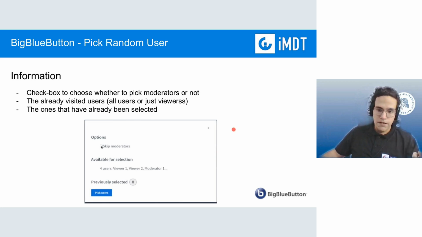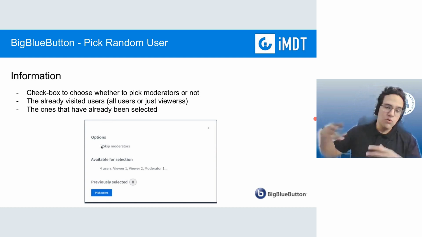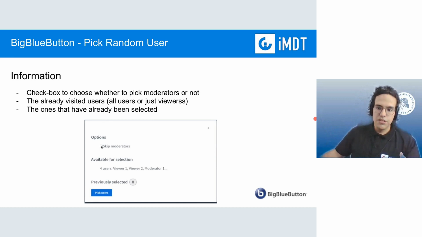In this case, we're not having anything in the print, but it's going to be shown in the demonstration. The available for selection are the ones that can be picked out of all users or just the viewers. And the previously selected are the ones that have been picked already.